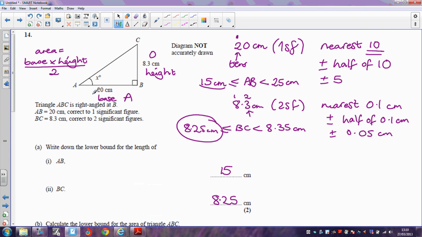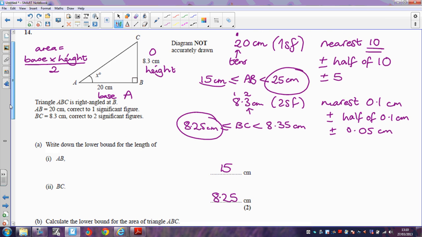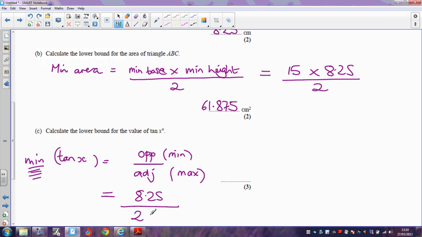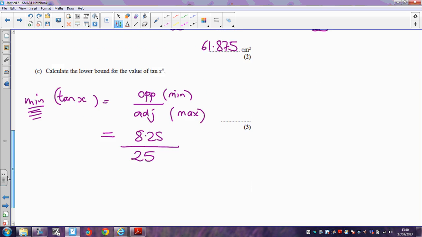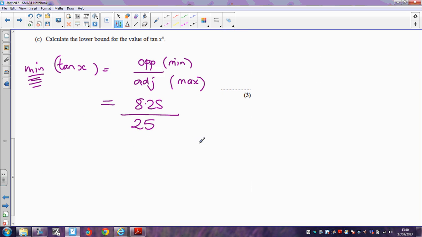Now the largest possible value of the adjacent is the largest possible value of this 20 centimetres, and that's that one, the 25 centimetres. So I'm going to do 8.25 divided by 25, and that comes out as 0.33 to two significant figures. So I'm going to write 0.33.